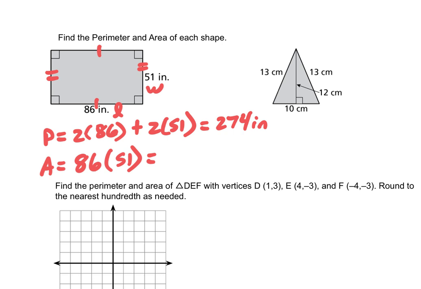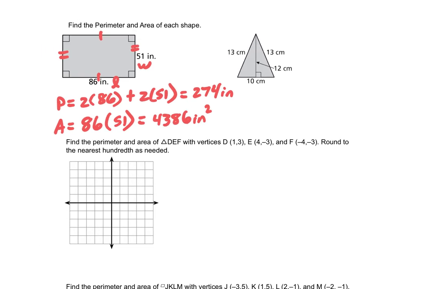So we just multiply those two together. Okay, 4,386 inches squared. Okay, so that one's pretty straightforward.